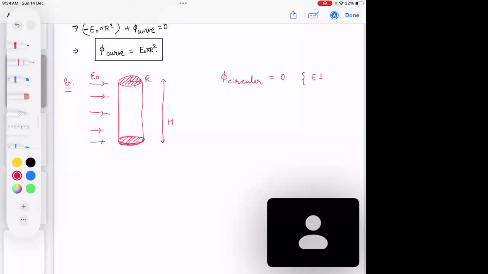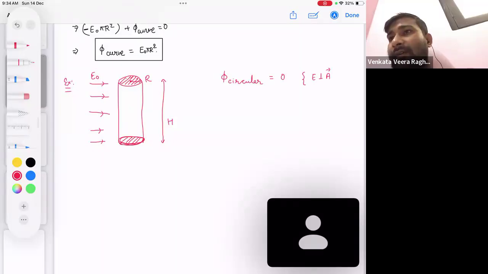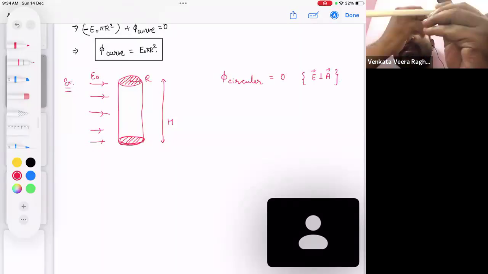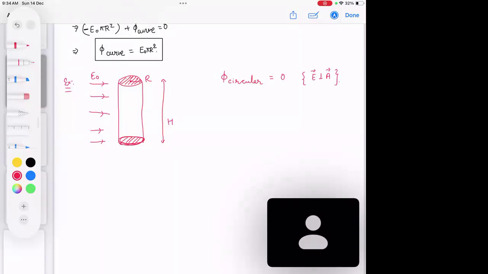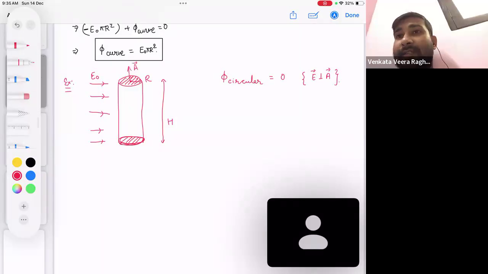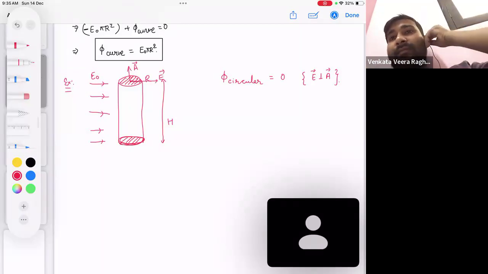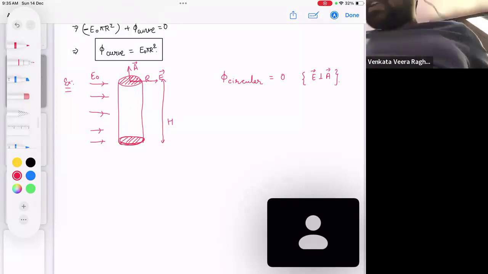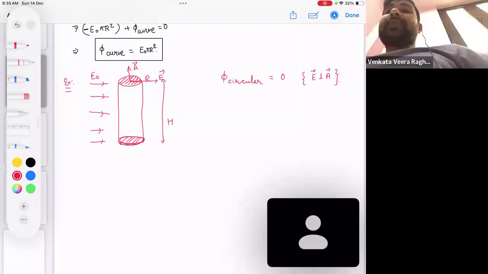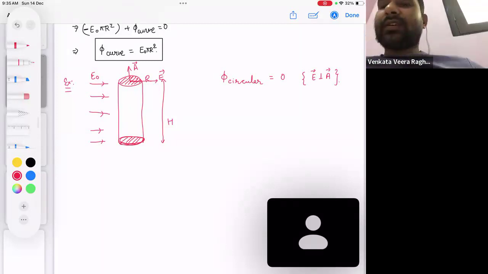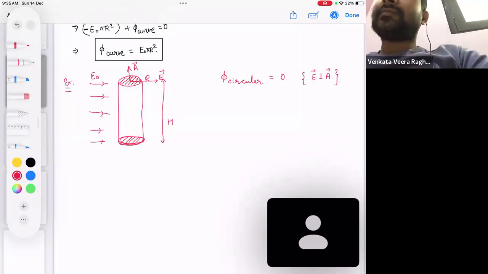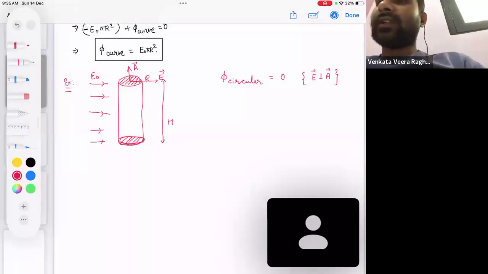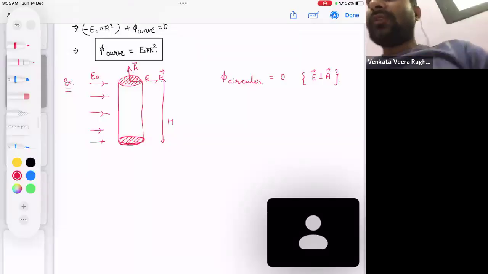Because the electric field and area vector become perpendicular. See, the electric field direction is horizontal. The area vector will be vertical. So electric field and area vector are perpendicular. Okay. The flux through the circular faces is 0.